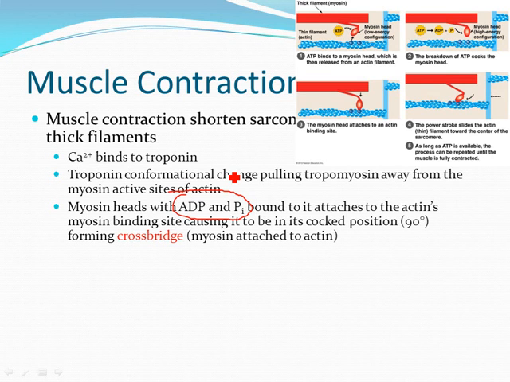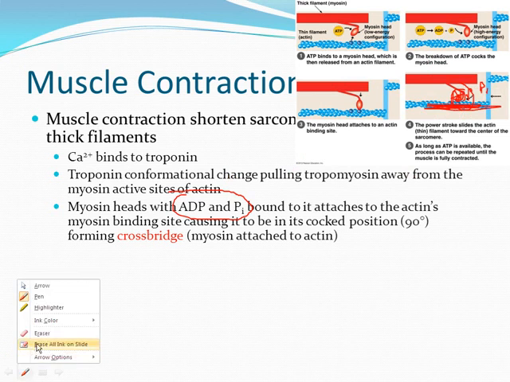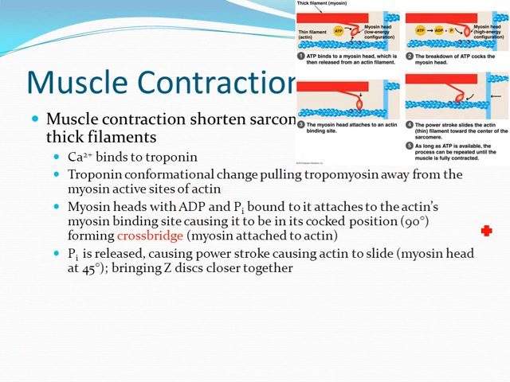That's going to cause that attachment to the actin. Over here you have the ADP and the inorganic phosphate bound to the myosin head, allowing it to bind to the actin. The actin is this thin filament here, this blue filament. It's going to form this cross bridge.